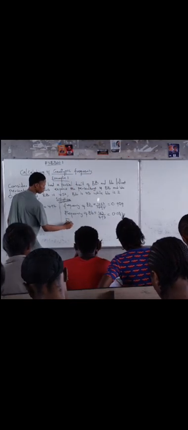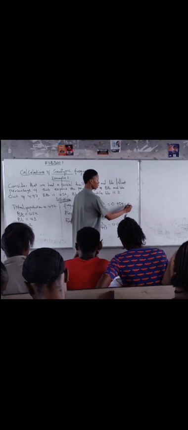0.087. Now the frequency of small b will give me what? 2 over 497, which is what? 0.004. Now, if I'm converting this to percentage, I'll just multiply by 100, right?